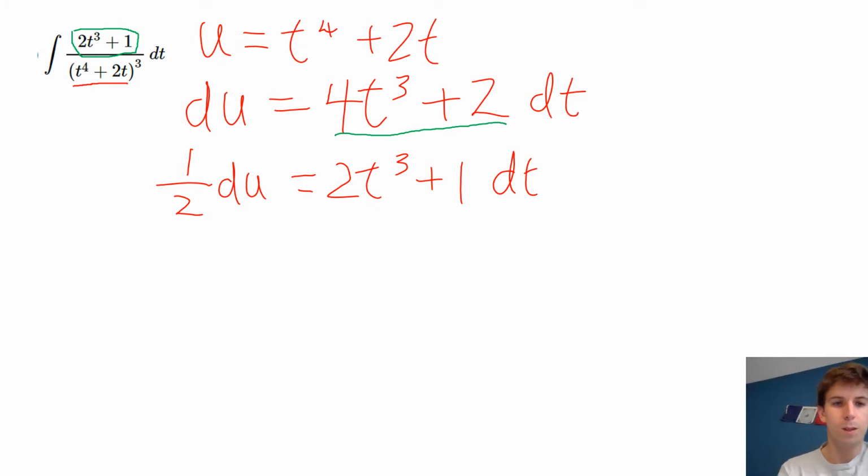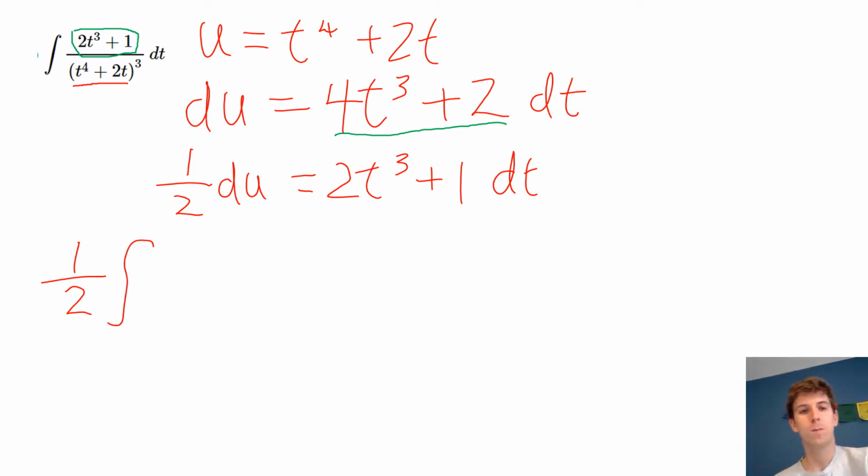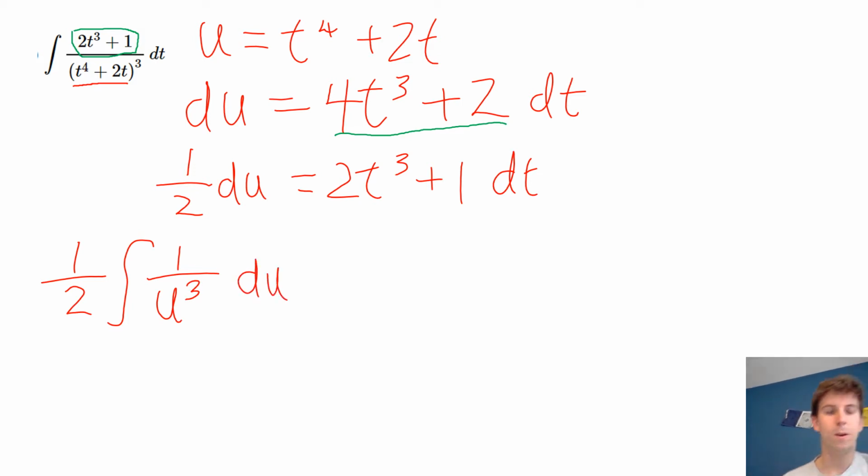All right, perfect. Once I have that all set up, I'm ready to get my integral strictly in terms of u. I'll have the 1/2, you can just leave that out front as a coefficient. And then I'll just have 1 over u cubed du.